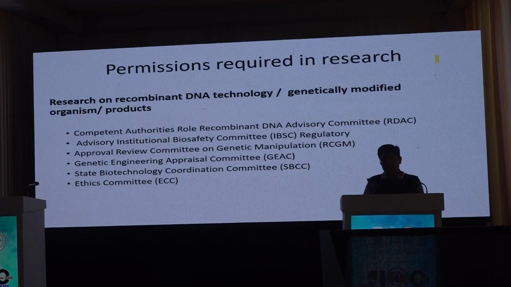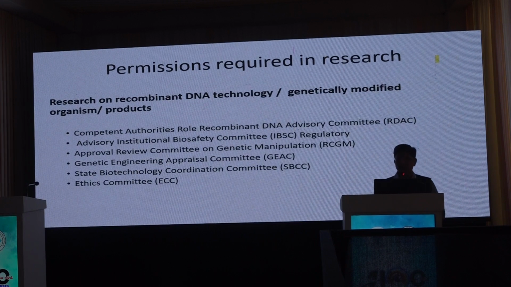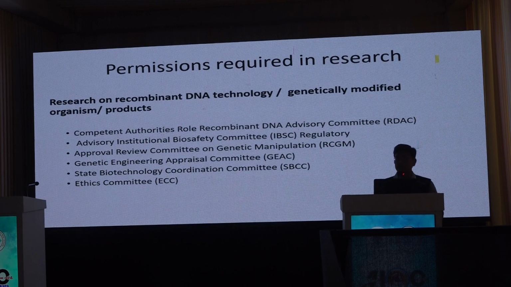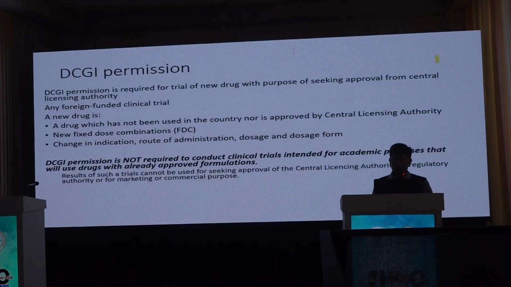I haven't personally done it, but if you are doing research in recombinant DNA technology or genetically modified organisms and products, there are a whole lot of genetics-related committees you may have to go to for permissions to handle genetically modified products.